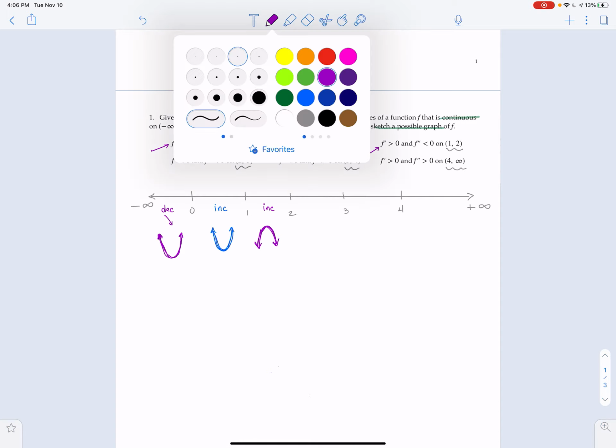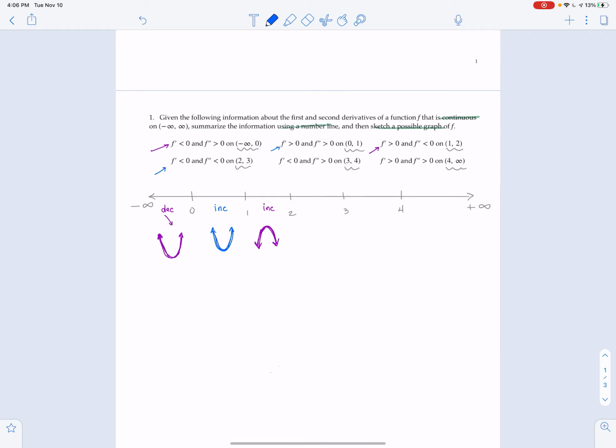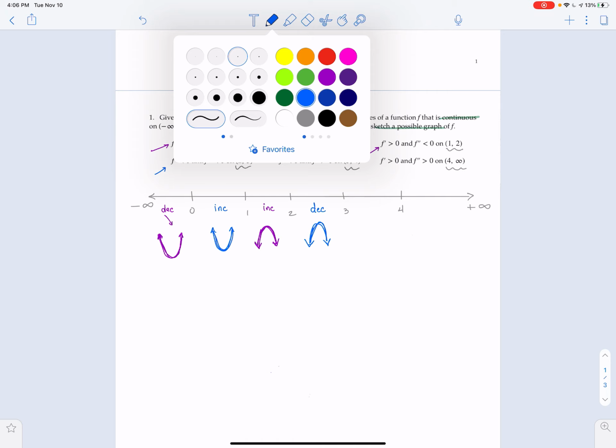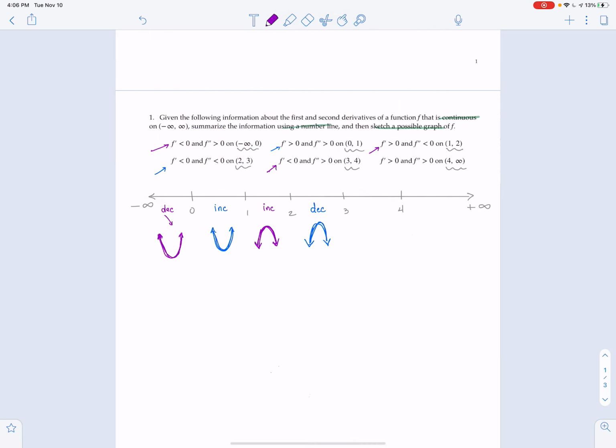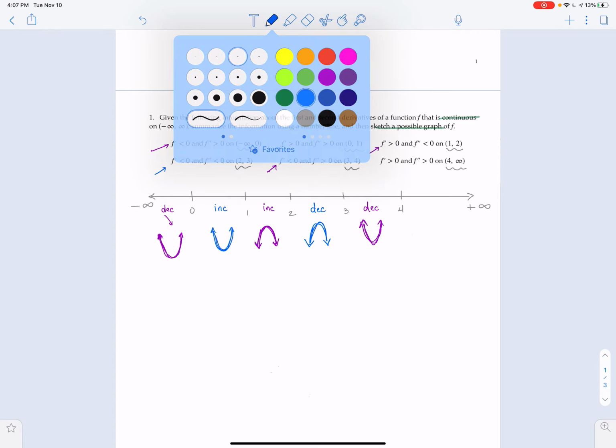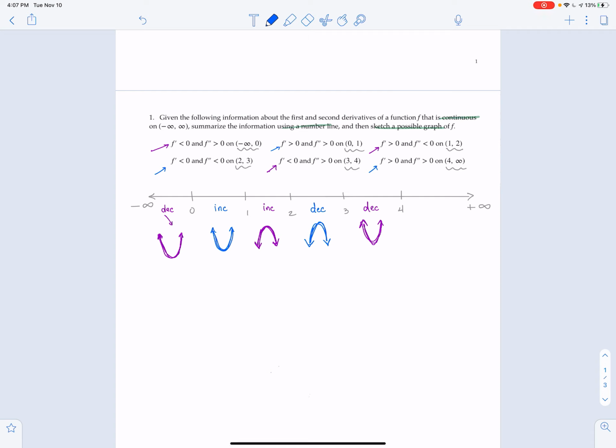And then we'll just keep going. We have a negative first derivative and a negative second derivative. Second to last interval here, we have a negative first derivative, so we're decreasing, but we have a positive second derivative. And then finally, on our last interval from 4 to infinity, we are increasing and concave up.